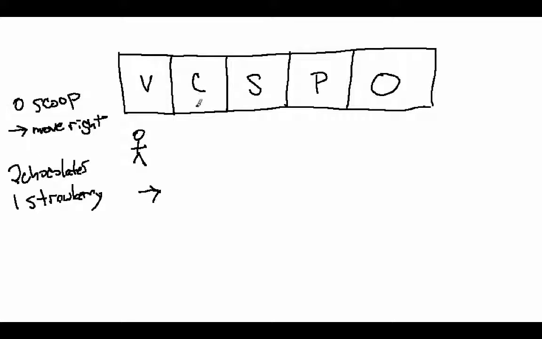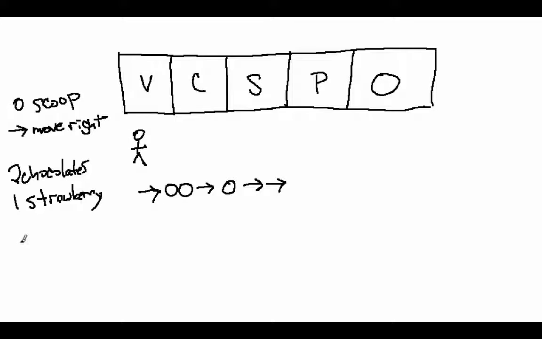And now he's in front of the chocolate, and we say scoop, and then scoop. And then we say he's got to get 1 strawberry, so we say move to the right. Now he's in front of the strawberry, and we say scoop, and then we say move to the right, move to the right. So this over here would correspond to 2 chocolates and 1 strawberry.